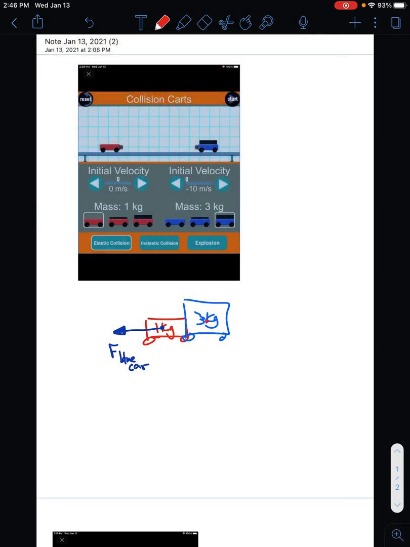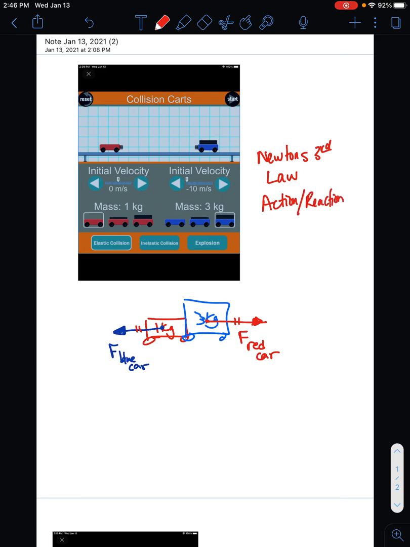We know, due to Newton's third law, that these forces are equal in size and opposite in direction. So the force that the red car gives the blue car has to be equal to the size that the blue car gives the red car. Remember, that's Newton's third law of action, reaction.